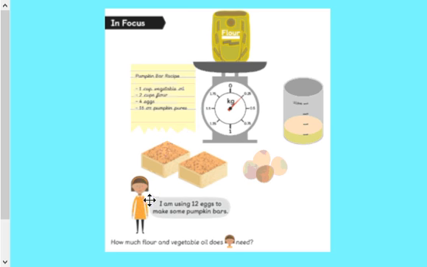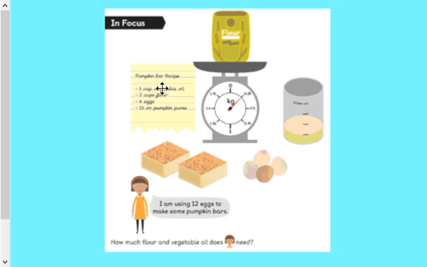But at the bottom here, the young lady is saying, I'm going to use 12 eggs to make some pumpkin bars. And the question there says, how much flour and vegetable oil does she need? Okay, now we'll come back to this during the course of the lesson, but I think what's really important here is you need to think about the relationship there between 12 eggs and 4 eggs.